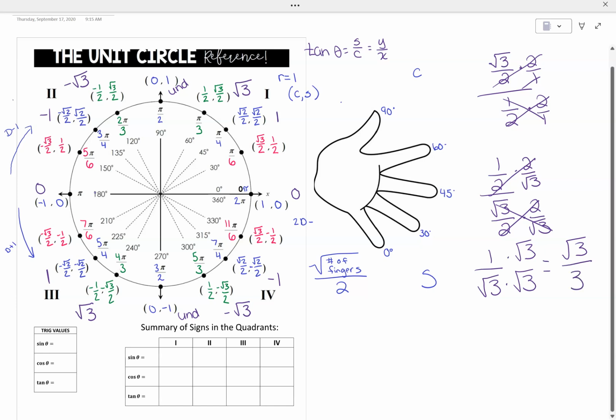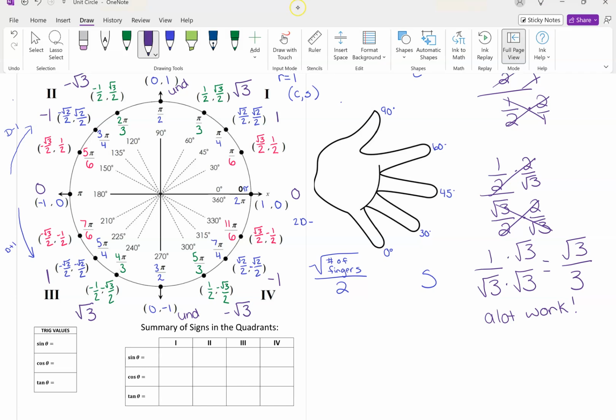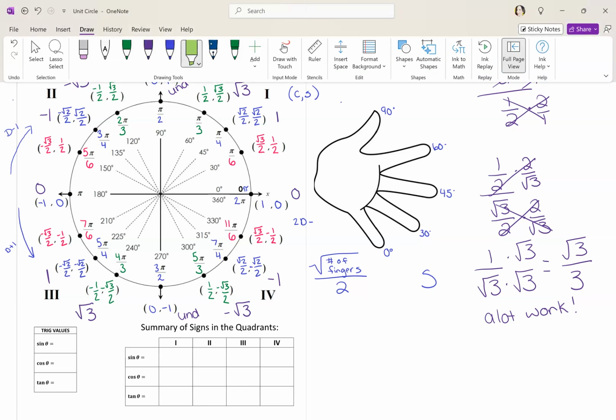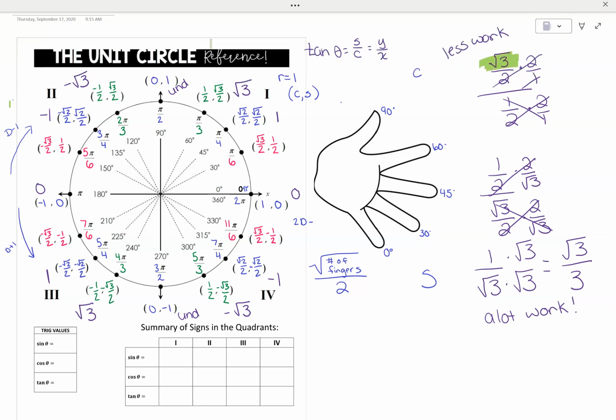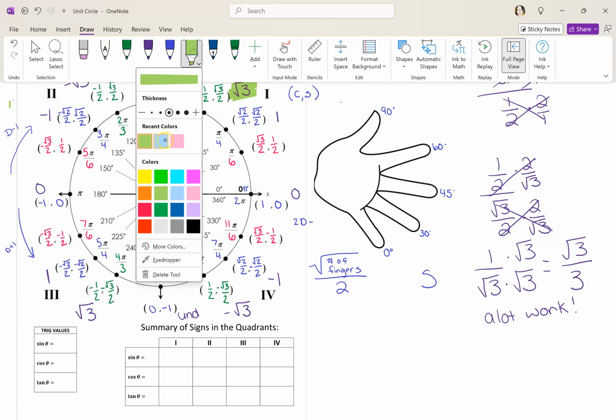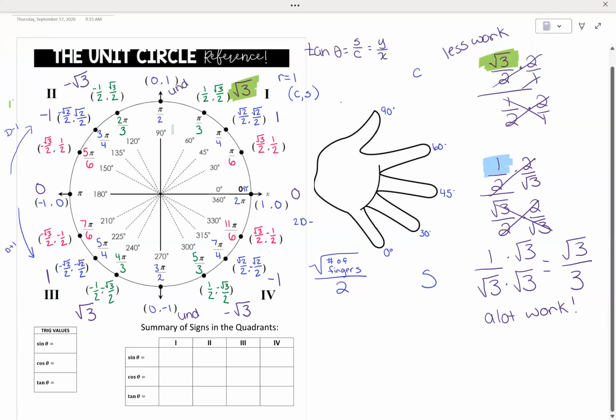So I want you to think about it like this. This one took a lot of work. Whether or not you agree with me, it took a lot more work than this one. This one was less work. When sine is square root of 3 over 2, then tangent is going to automatically be square root of 3. But when you say 1/2, then it's going to be square root of 3 over 3.